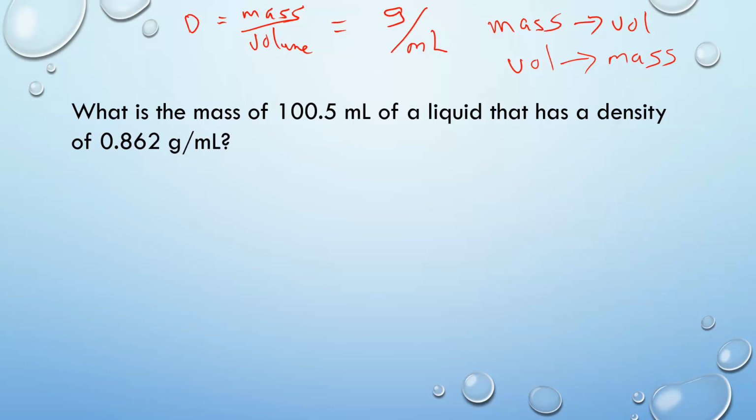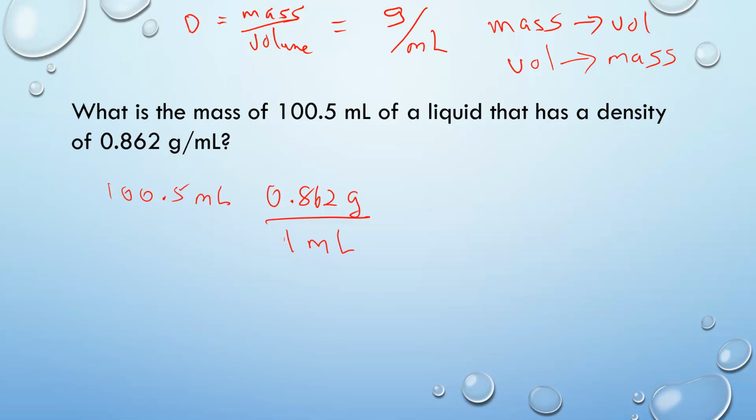It says, what is the mass of 100.5 milliliters of a liquid that has a density of 0.862 grams per 1 milliliter? So dimensional analysis tells us to write down the information given. So we have our 100.5 milliliters, and then we know it has a density of 0.862 grams per 1 milliliter.